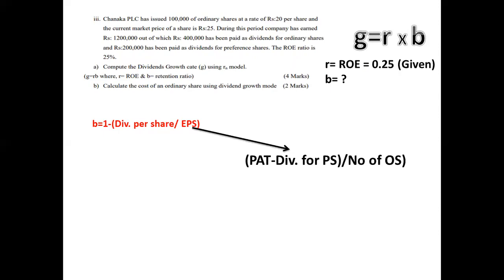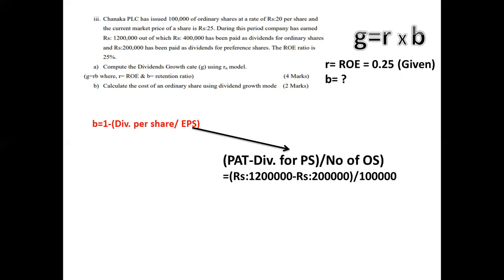So here, as you are aware, we can calculate earning per share as profit after tax minus dividend for preference shares, where PS means preference shares. That answer we need to divide by the number of shares, because we have that liability to pay dividends for preference shares as we have agreed.